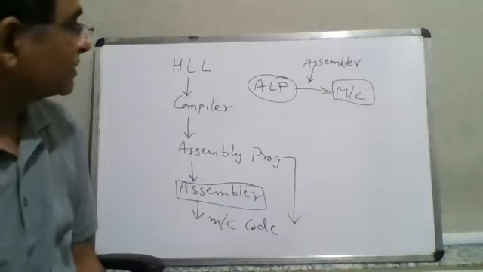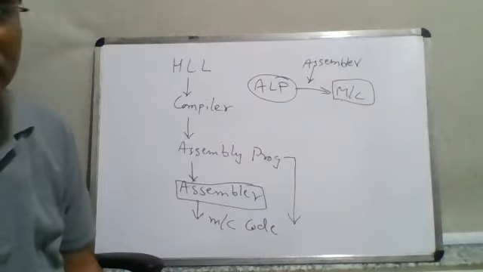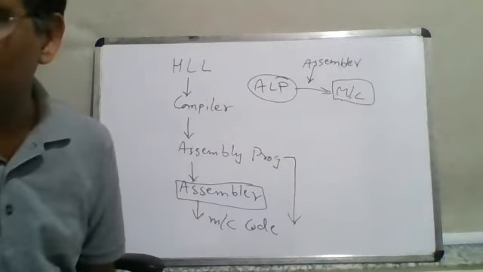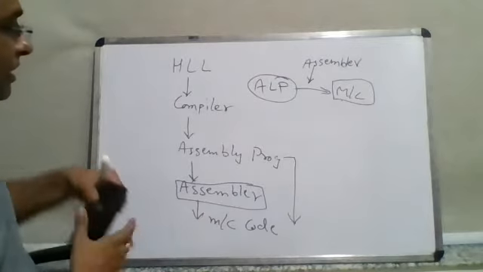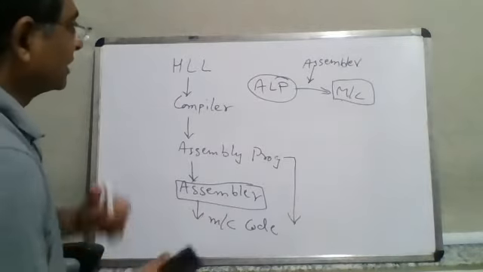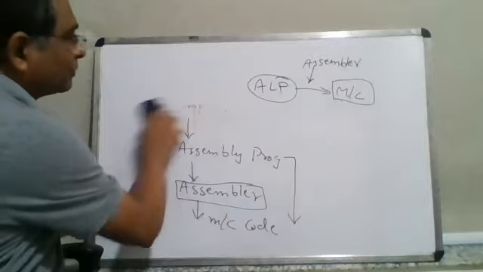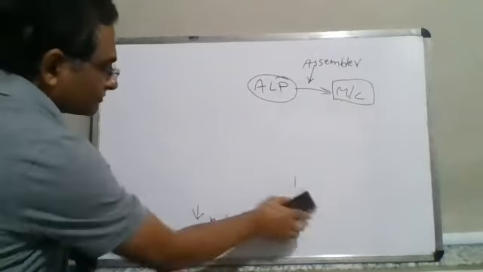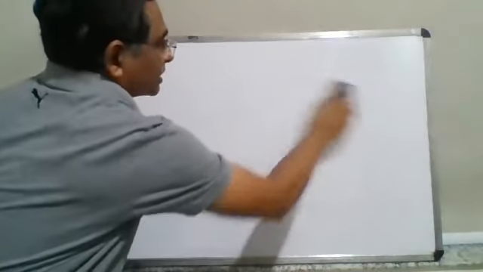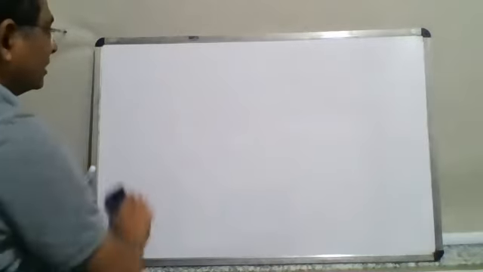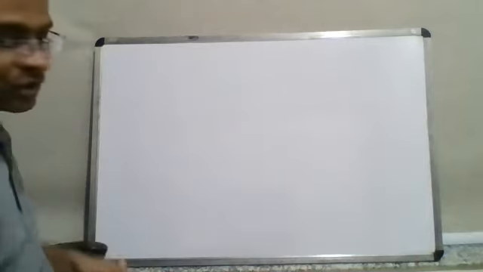Other than machine language, the assembler does not understand any other language. That's why we need to make sure that our program is available from the compiler in the form of assembly language. We'll see how things are processed and taken care of by the assembler. There are a lot of things we need to understand before we come to the actual machine code.